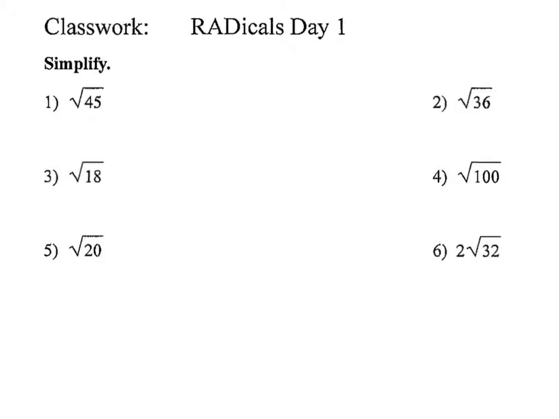Okay, so flip over. Let's talk about classwork. I'm sure you've noticed you will not be successful at this lesson if you do not have a good solid times table background. So for 45, you have to pick a perfect square. Let's write them: 4, 9, 16, 25.